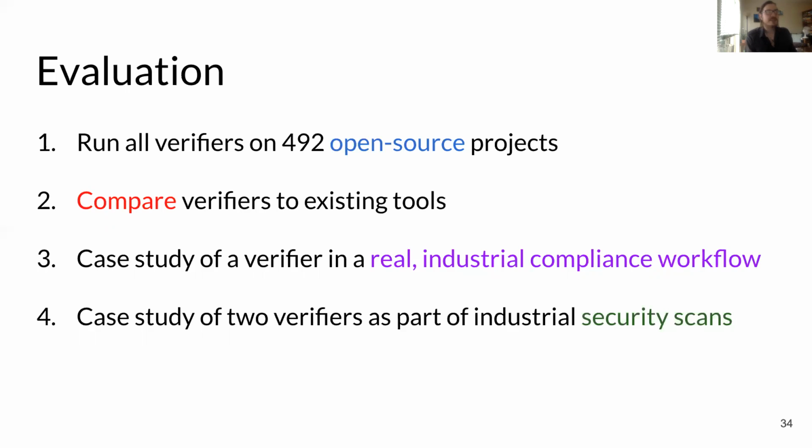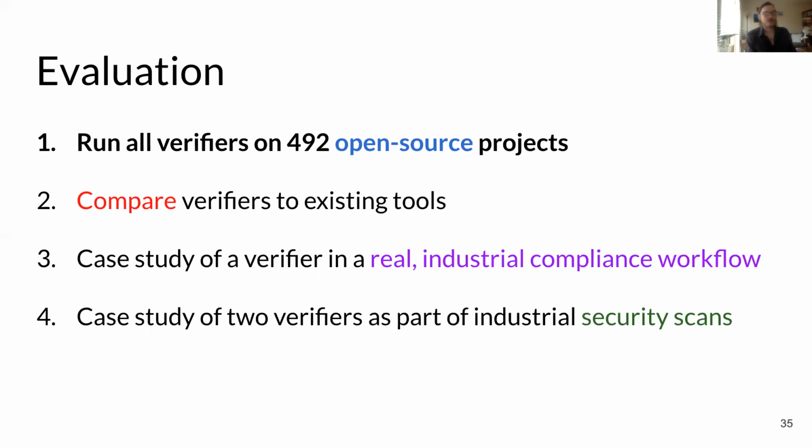Third, we ran a case study of using one of the verifiers as part of a real compliance process at AWS. And in the end, AWS's external auditors accepted the output of the verification tool. And finally, we ran another case study at AWS where we included our verifiers as part of security scanning infrastructure and showed that they work extremely well at AWS's scale.